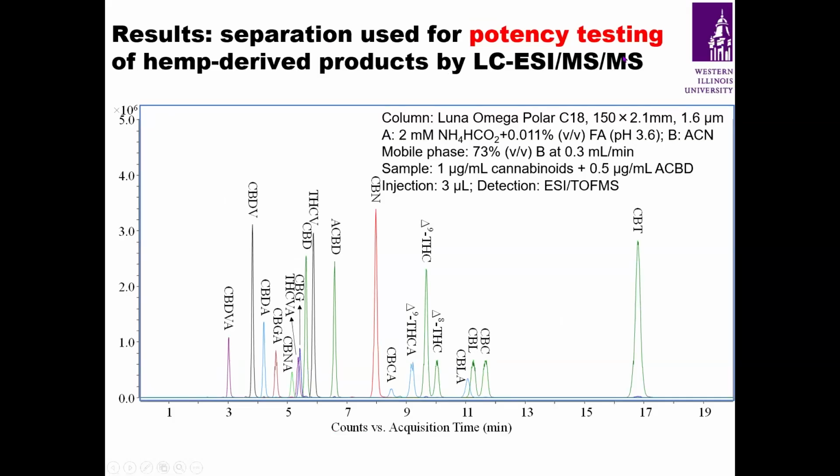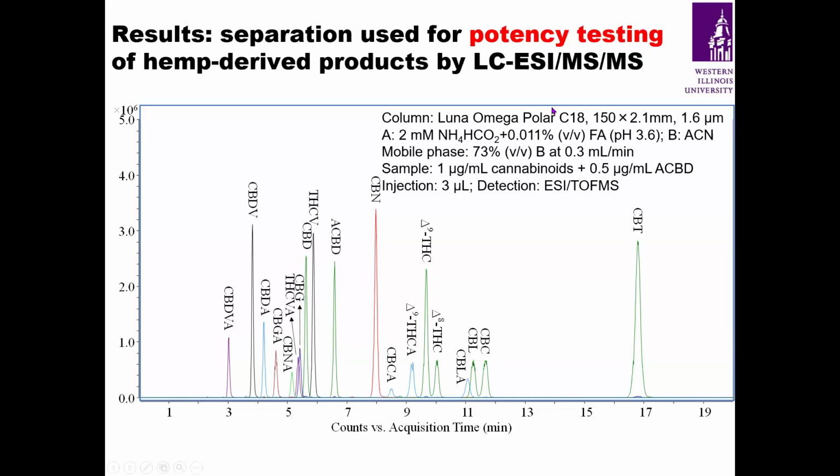Separation used for potency testing of hemp-derived products by LC-ESI MS-MS is demonstrated with this chromatogram. So you can see the coelution of CBG and THCVA, and CBLA and CBL. However, they are not structural isomers. They have different precursor ions.